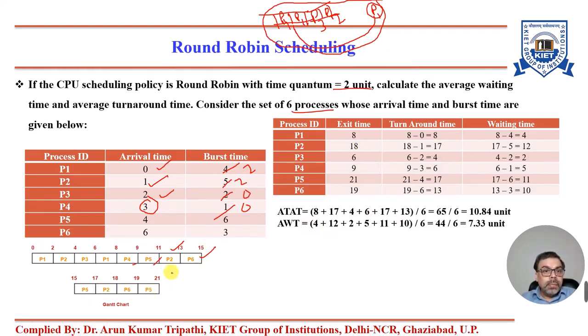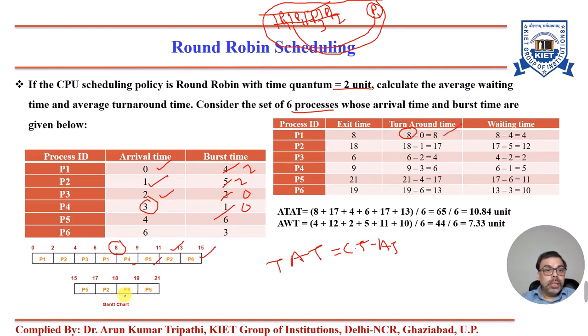So process P1 gets completed at 8 units of time. Turnaround time is the exit time or completion time minus arrival time. For process P1, exit time is 8 and arrival time is 0. So 8 minus 0, 8.